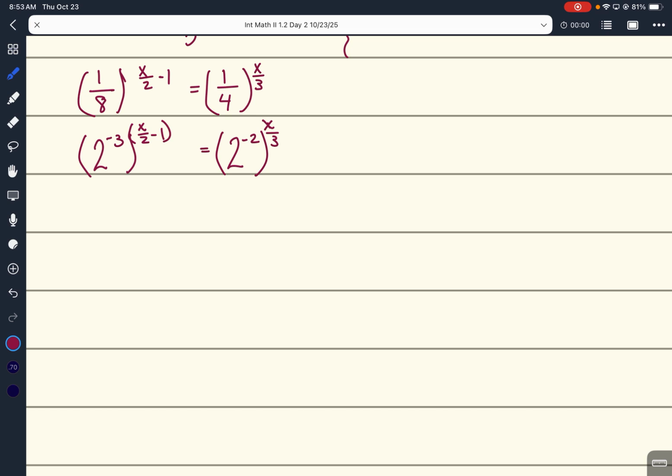So I'm going to distribute that negative 3 across and then multiply by negative 2. So I'm going to have 2 to the negative 3x over 2 plus 3, because a negative times a negative, equals 2 to the negative 2x over 3.